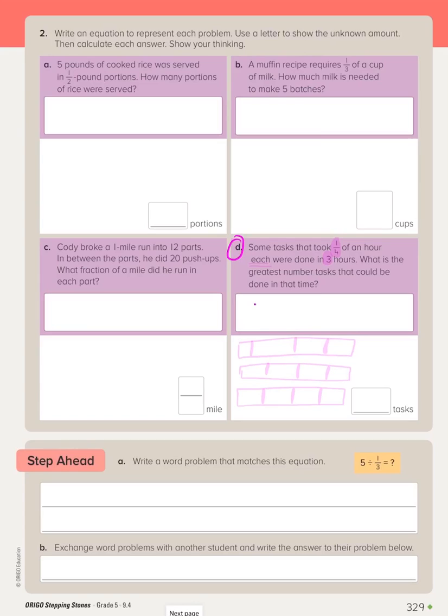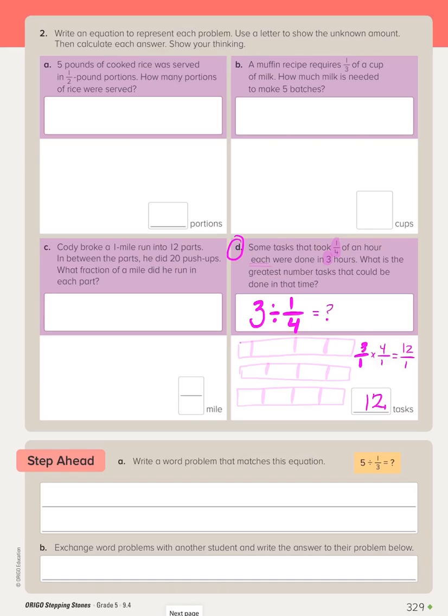So it would probably be 3 divided by 1/4, which would give me my answer, okay? And I could do that as 3/1 times 4/1, which equals 12/1. That gives me 12 tasks, right?